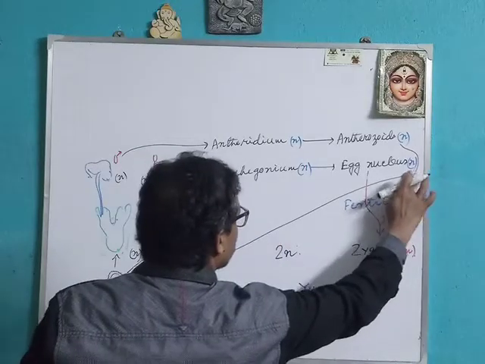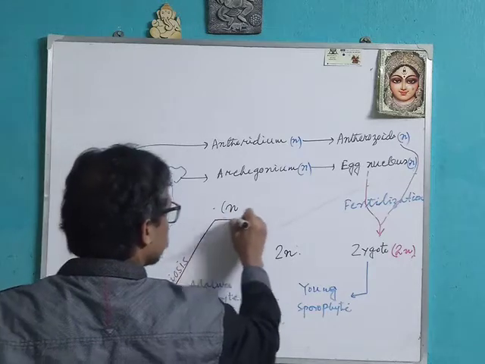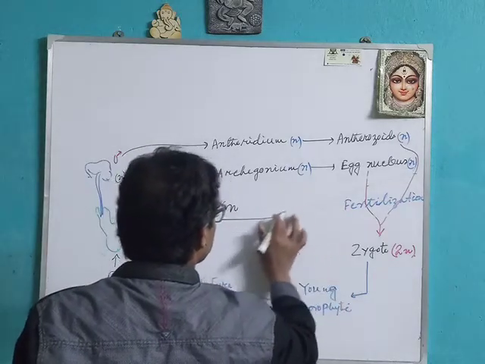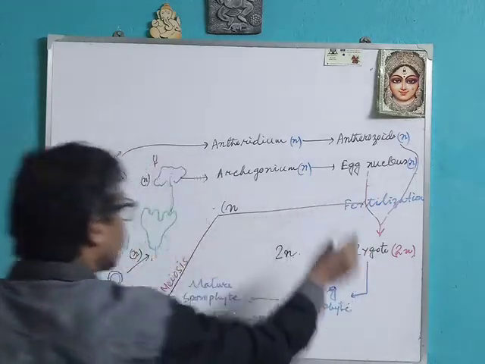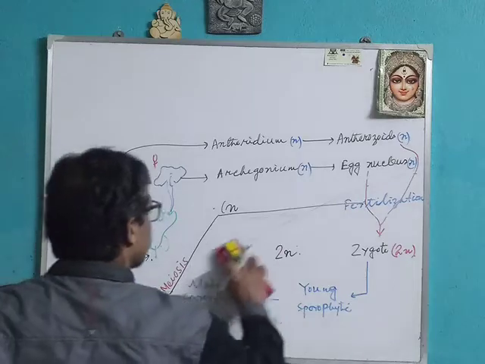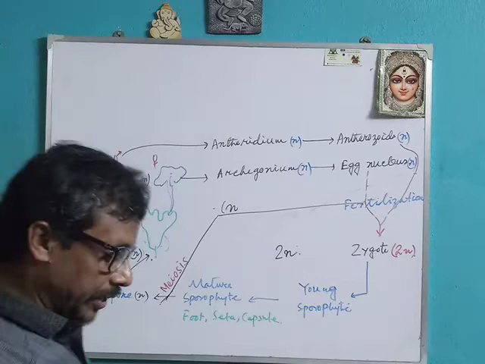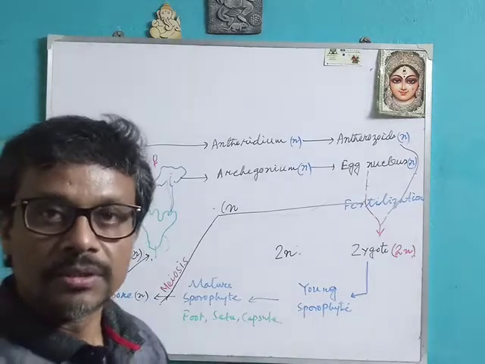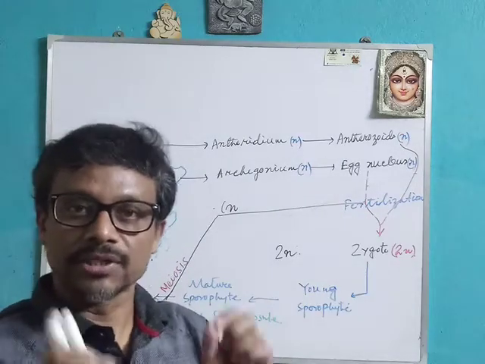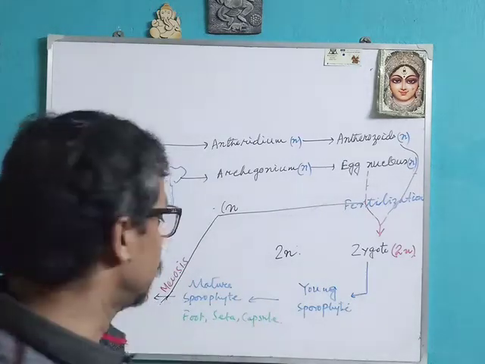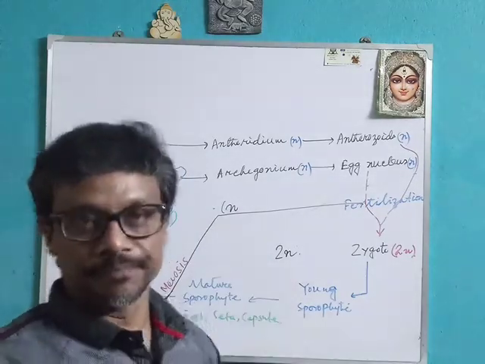Such a distinction and occurrence of haploid and diploid phases or generations indicates that bryophytes have a clear-cut alternation of generation, meaning haploid and diploid generations occur clearly.